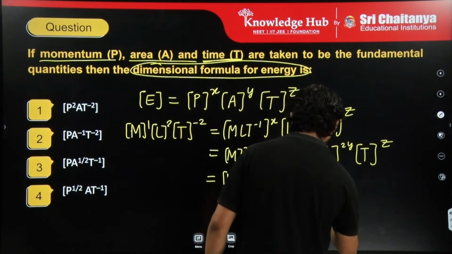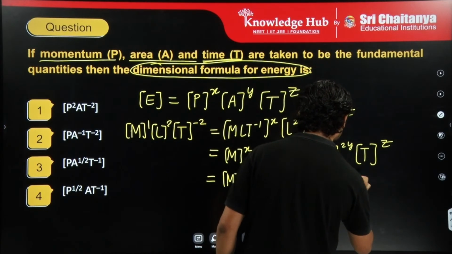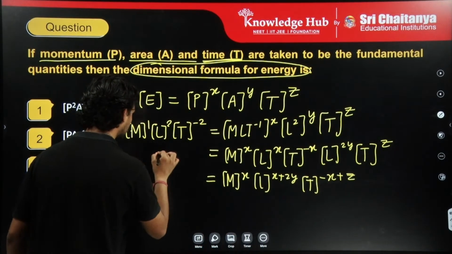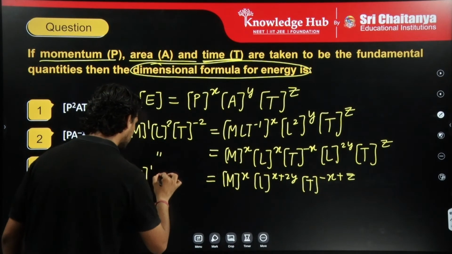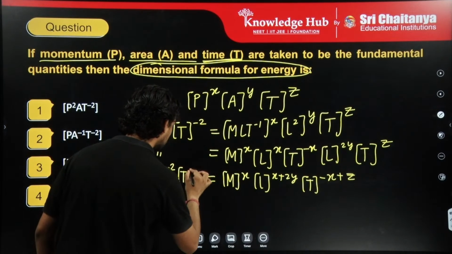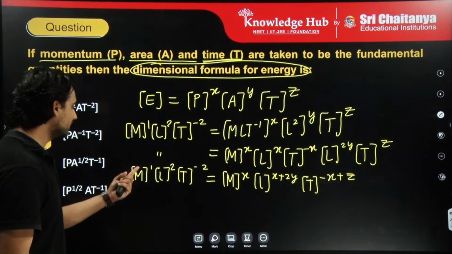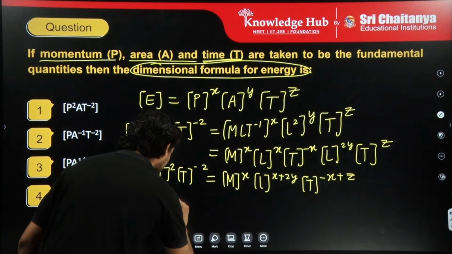And for time, I can say minus x plus z. This is equal to M raised to 1, L raised to 2 and T raised to minus 2. Now let's compare both sides. From here I will say that x is equal to 1.